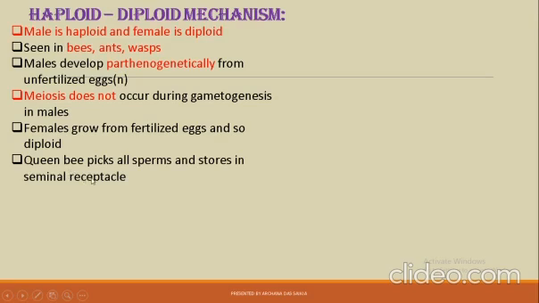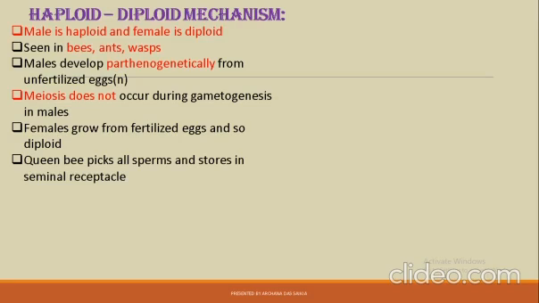They come out from her receptacle, and the egg that she produces will come in contact with the sperm and get fertilized.